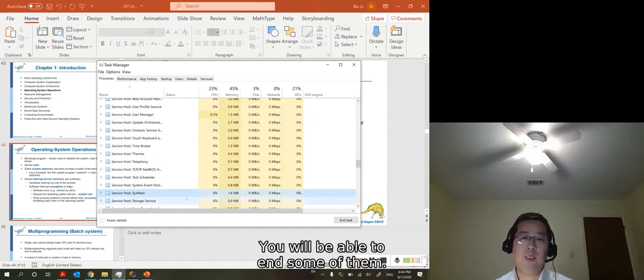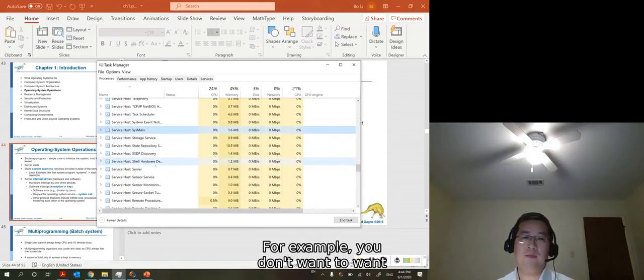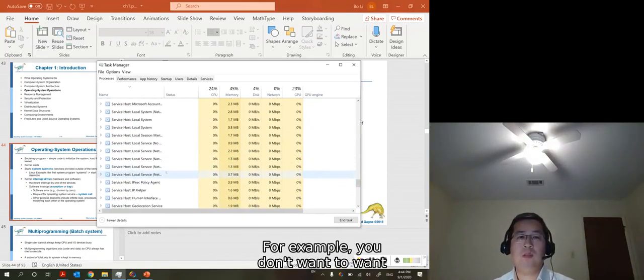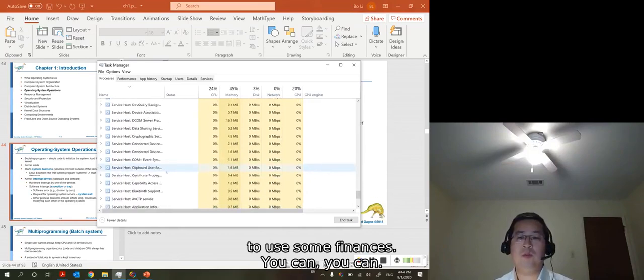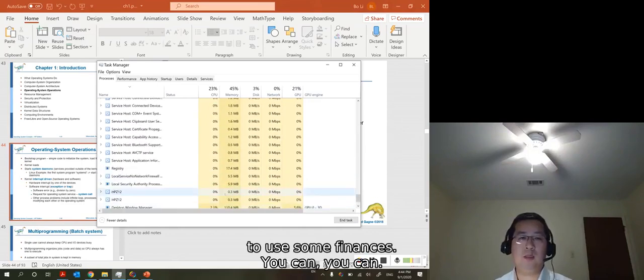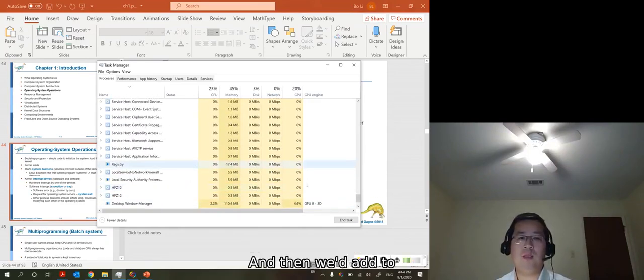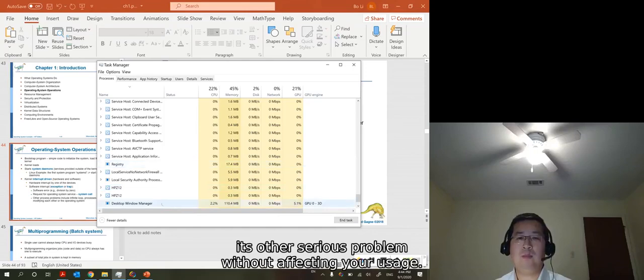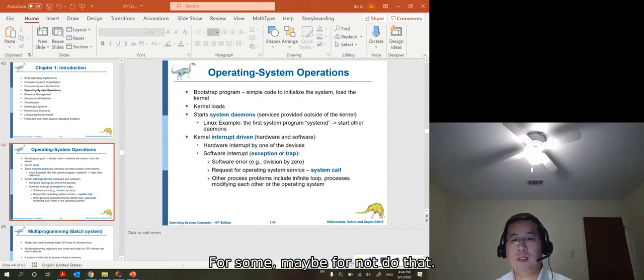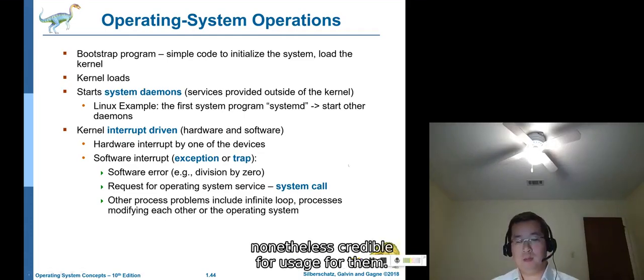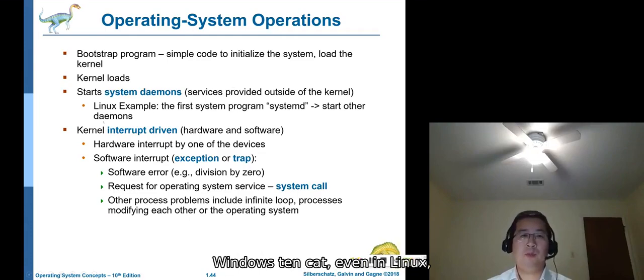It's provided as services. You may be able to end some of them. For example, if you don't want to use some functionalities, you can end them without a serious problem, without affecting your usage. But for some, maybe you cannot do that. Otherwise, the system will not be available for usage. For example, in Linux, here I'm using Windows 10.